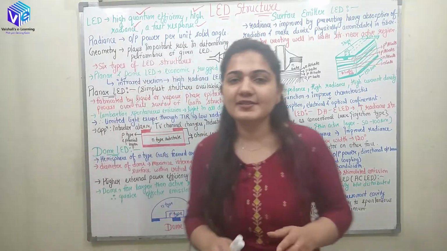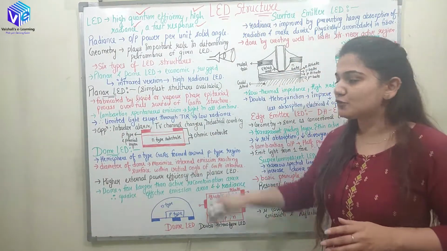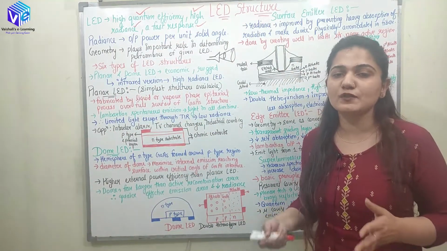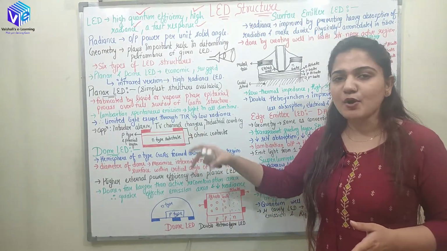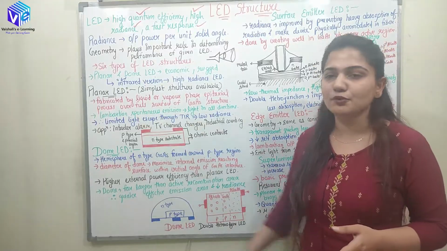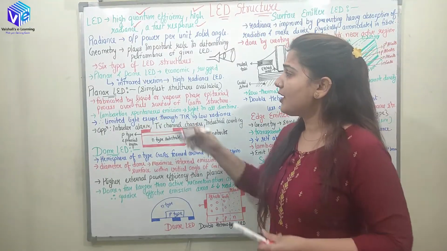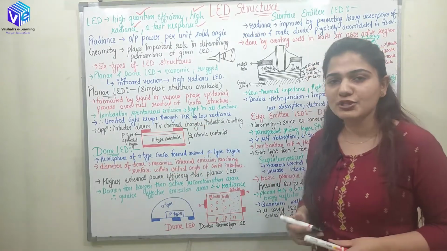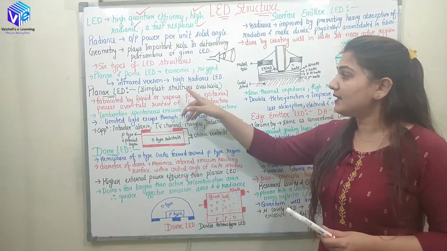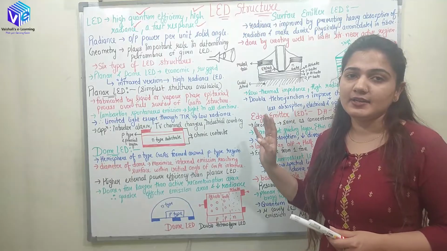First, let's discuss the basic two types of LED which are mostly used in optical communication systems. With just some minor modifications, I can use both of them. If I choose the infrared version of the planar or the dome shaped LED, I will get a high radiance LED.